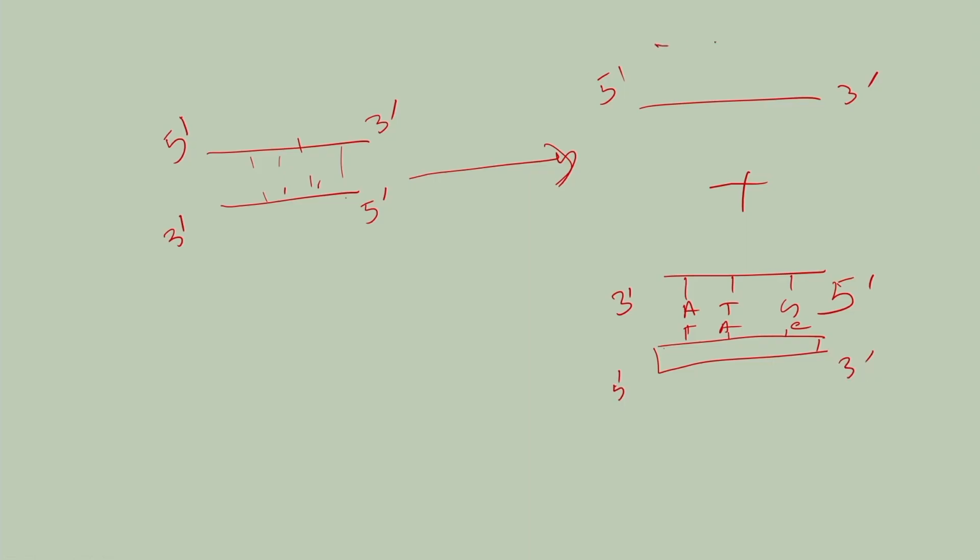Similarly, here a new strand will be synthesized, and now you have a complete DNA here and a complete DNA there. So, the two new cells will have the exact sequence of the DNA which was present in the parent cell.